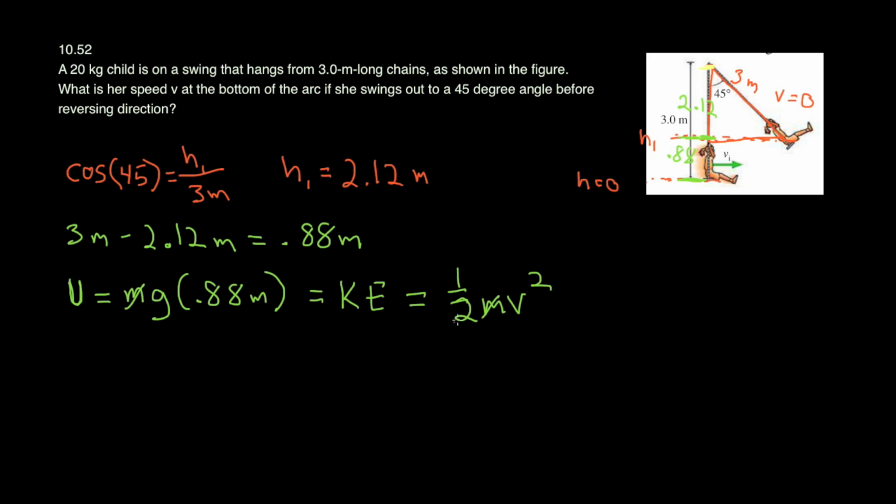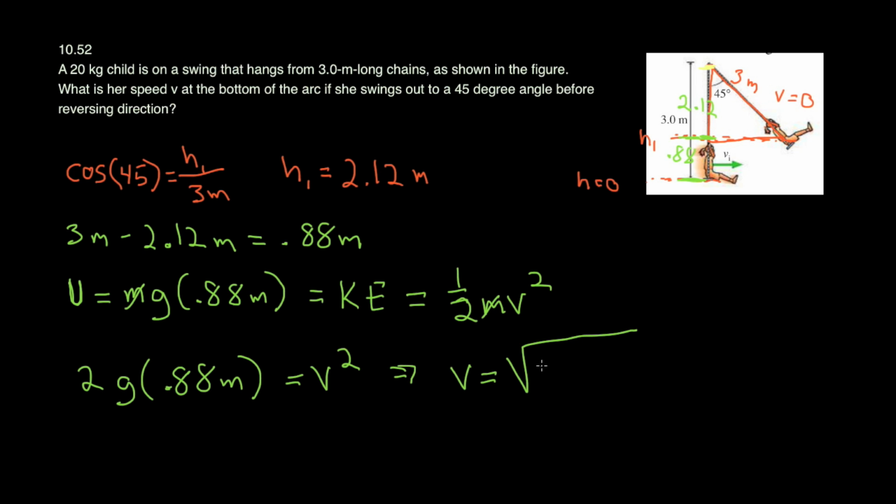And so multiply 2 to both sides, and we get 2 times g times 0.88 meters is equal to v squared. And so v is equal to the square root of 2 times g times 0.88 meters.